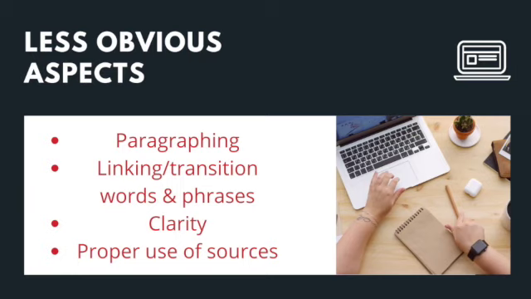And last but not least, of course, the proper use of sources both in text and in your reference list is extremely important and must not be overlooked when you are trying to structure a proper academic essay. Next week's video will cover academic sources in more depth.